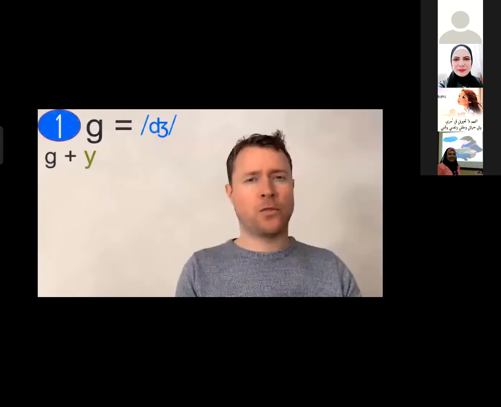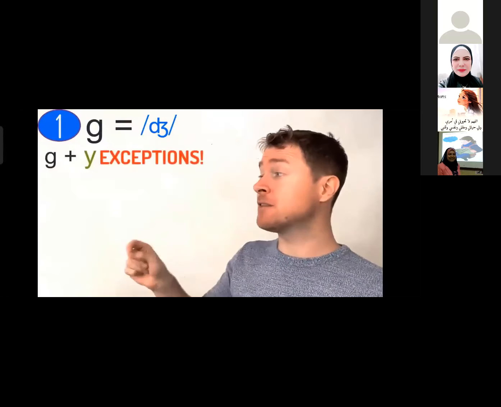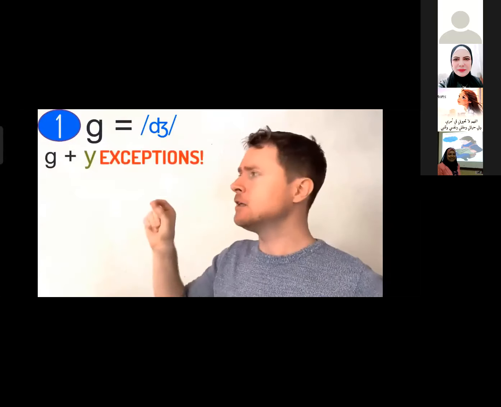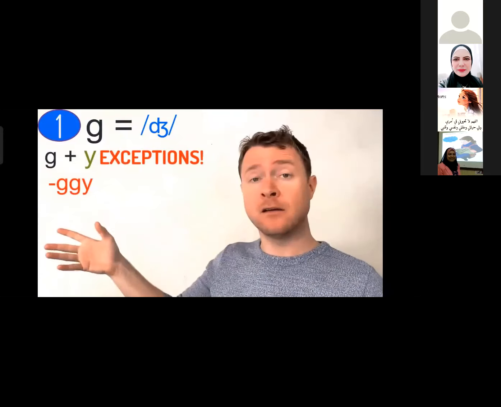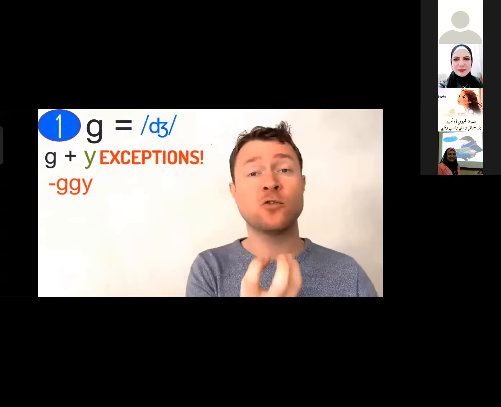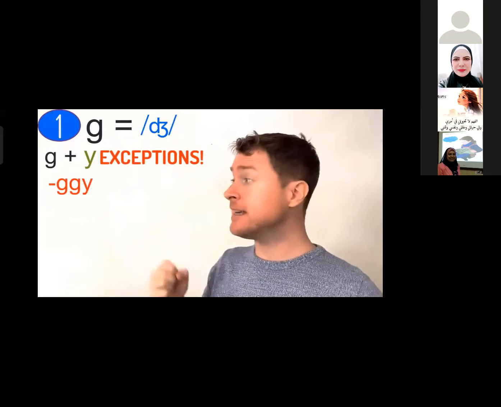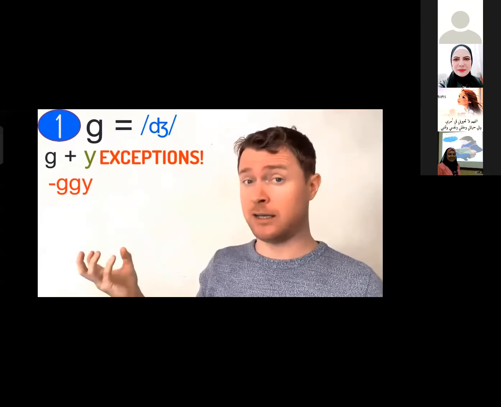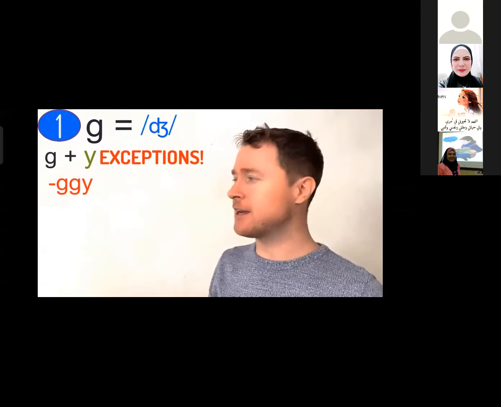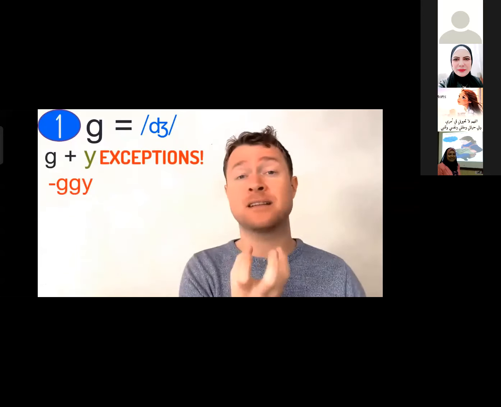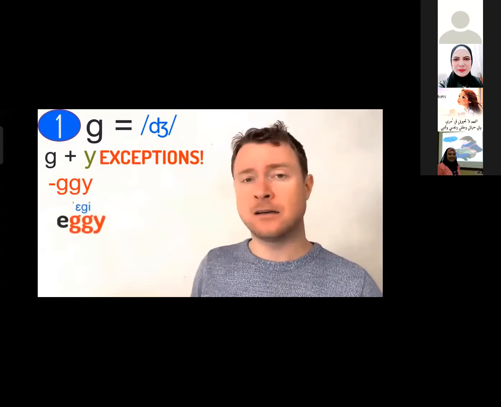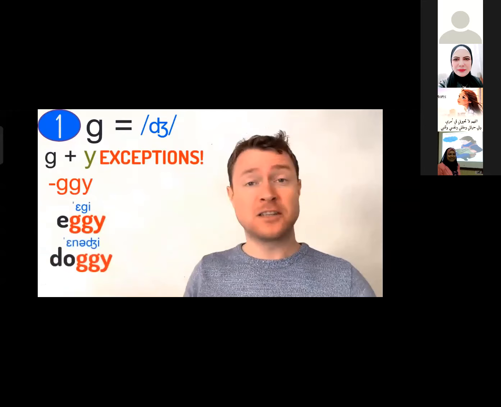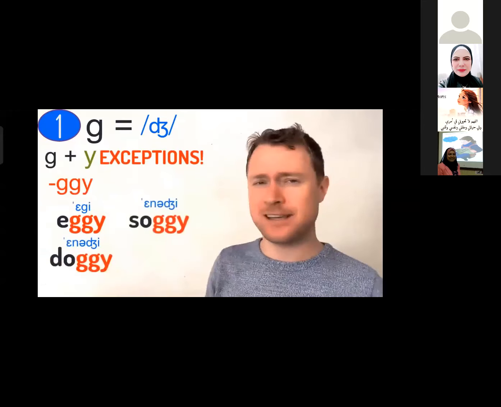Apology, okay? The big exception to this rule is when you see GGY. So when you see GY, like energy, it's normally J. But when you see GGY, then we change the pronunciation. Usually, this time, it's that G sound again, like in eggy, or doggy, or soggy, okay?